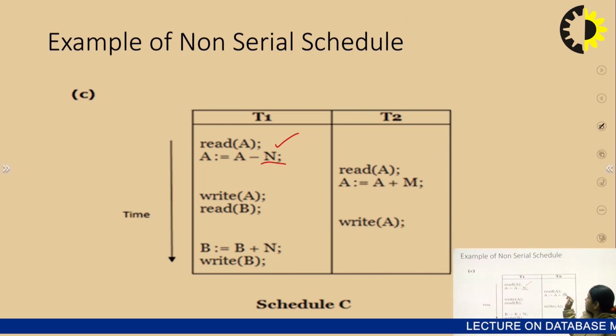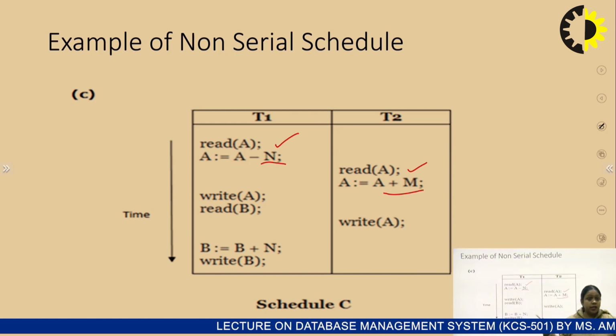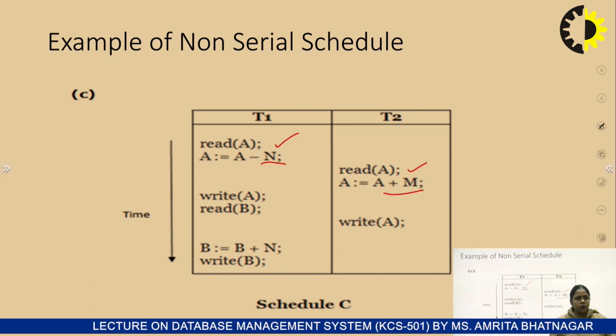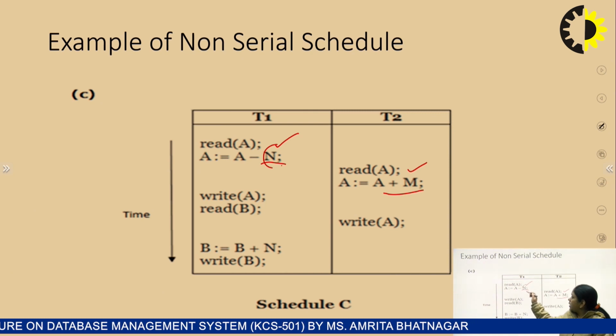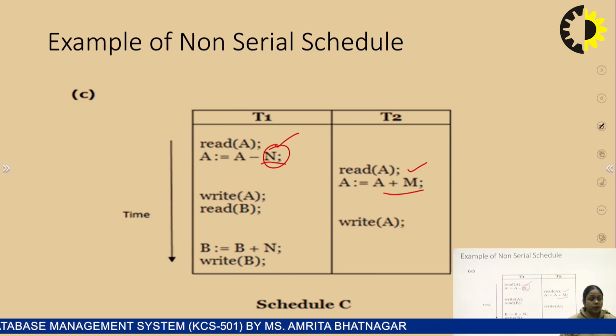When T2 starts, T2 again reads A and adds the M amount to the same data A. This is known as interleaving, because these two transactions are working on the same data. One is removing the N amount of money from account A, and another is adding the M amount of money into account A.